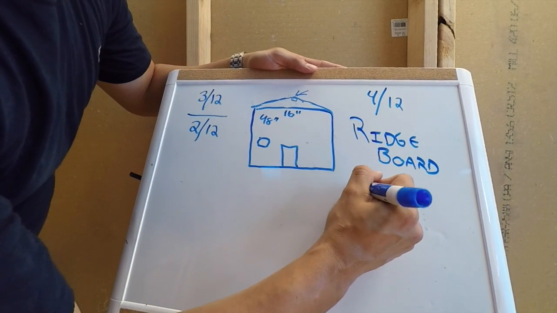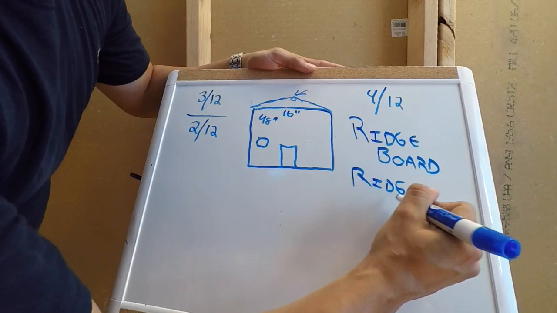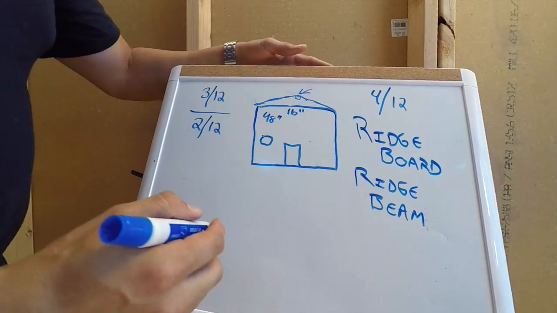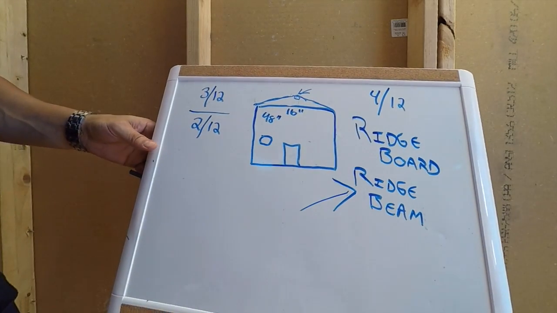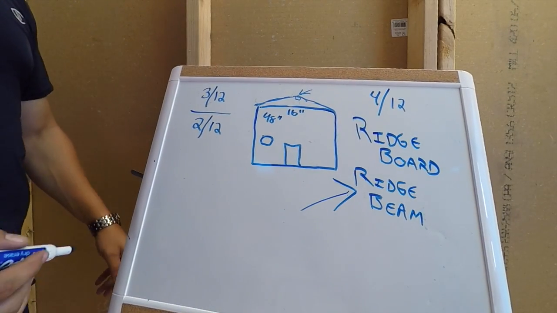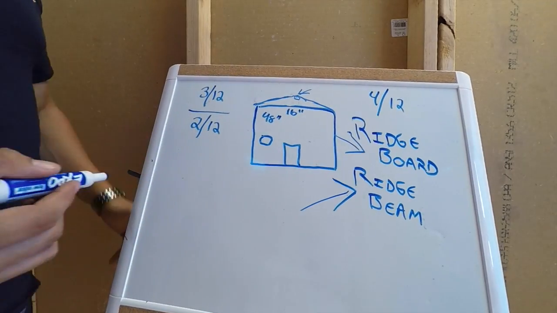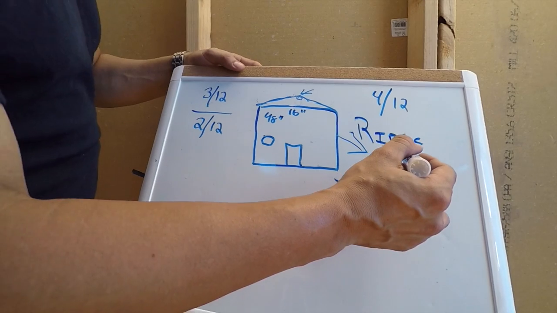Ridge board, ridge beam. Anything below a 3/12 pitch needs a ridge beam. Anything higher, it's going to be a ridge board. The way I remember that is easy.